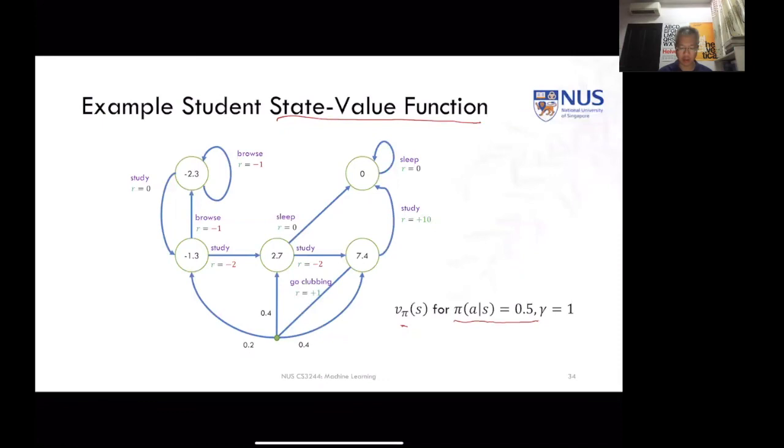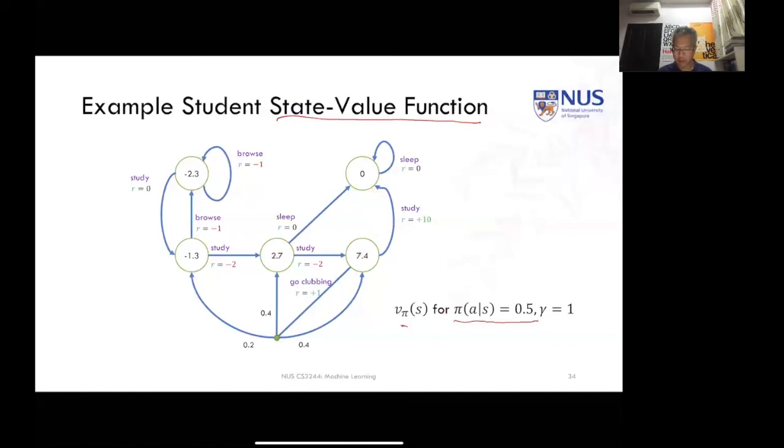Most of these have two particular actions, for example here, either going to sleep or study, or from here, going to study for the final and pass the course, or going clubbing. The only case where this is not true is in this sleep state, because this is a terminal state and there's nothing else that we can do.